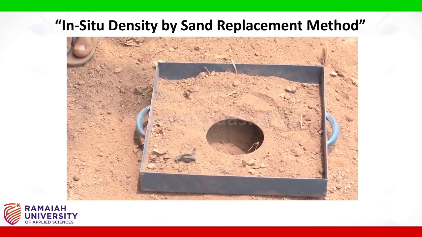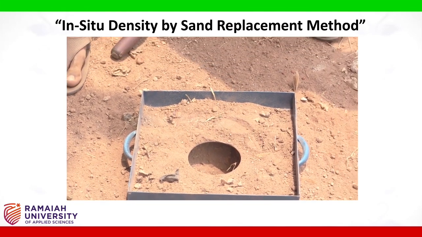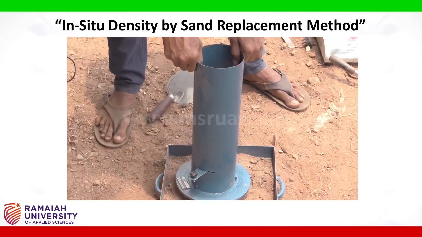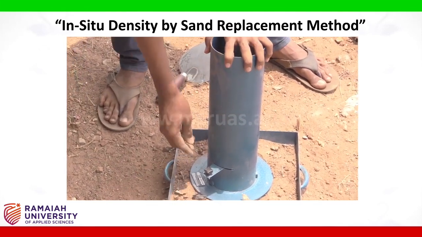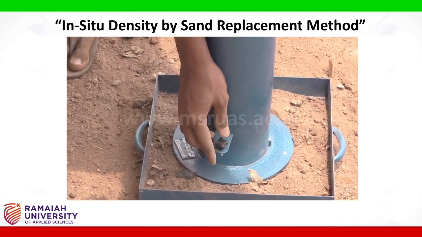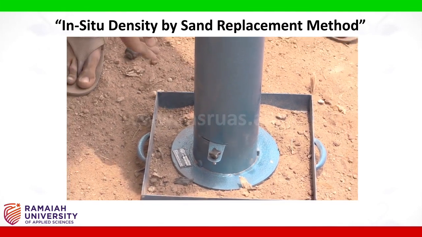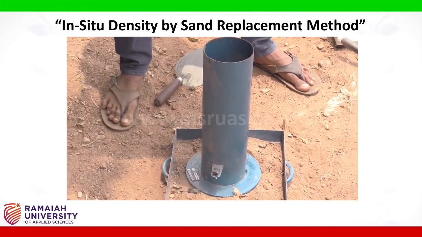After digging the hole up to a depth of about 15 centimeter, place the sand pouring cylinder on top of the hole. Open the valve and allow the sand to fall into the hole.